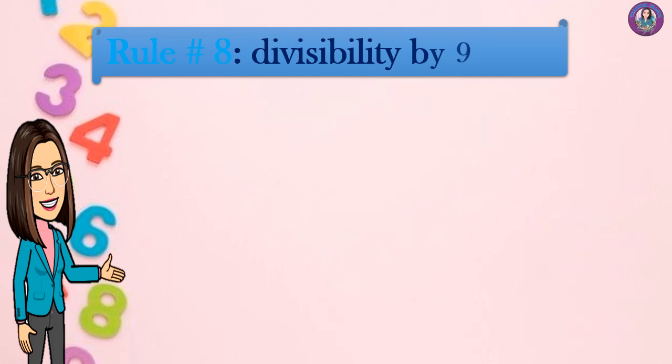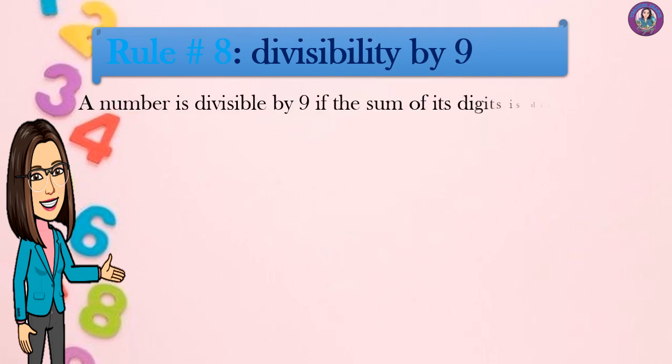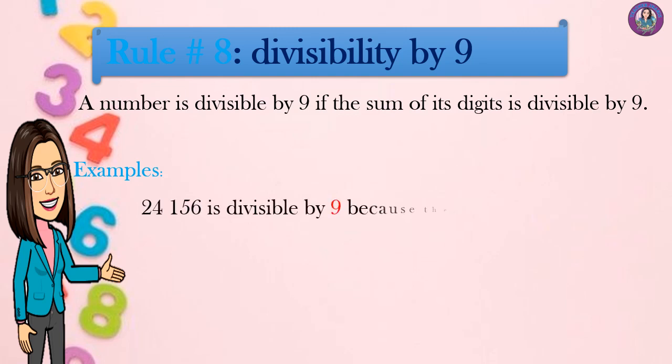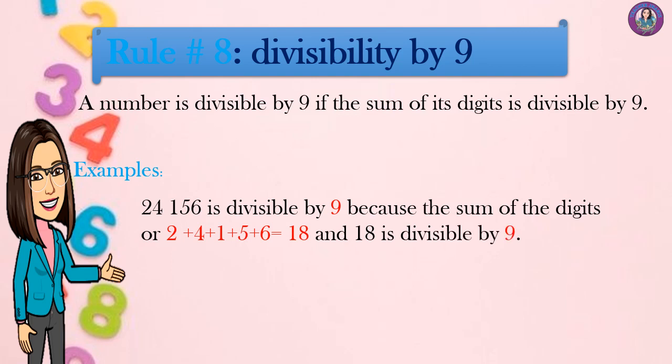Rule number 8, divisibility by 9. A number is divisible by 9 if the sum of its digits is divisible by 9. Examples. 24,156 is divisible by 9. Why? Because the sum of its digits, 2 plus 4 plus 1 plus 5 plus 6, equals 18, and 18 is divisible by 9.